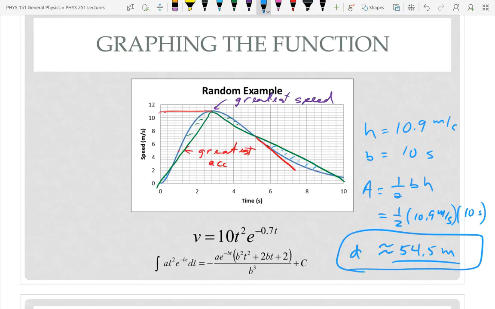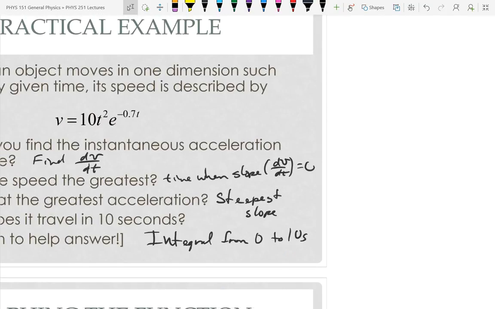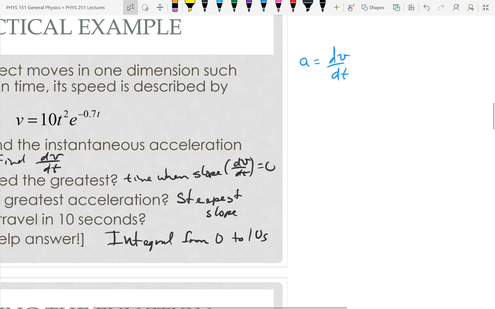Now let's do careful calculations instead of doing rough and random. So starting with the beginning, and I'll come back to this, find the instantaneous acceleration. So now we're going to apply calculus, and we're not going to do everything super explicitly because you did that here. You should look at Gila's.